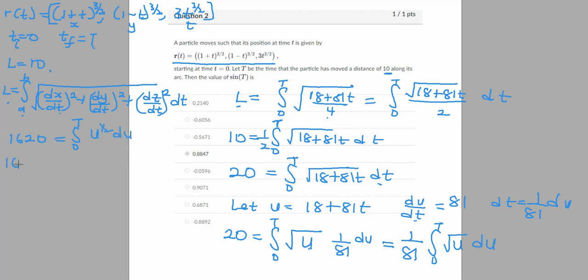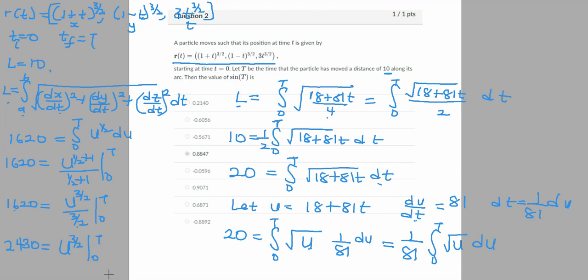So I can now integrate this. That's 1620L equals u raised to 1 over 2 plus 1, divided by 1 over 2 plus 1, from 0 to t. So that's 1620L equals u raised to power 3 over 2 divided by 3 over 2 from 0 to t. I can bring this 3 over 2 here: 1620 times 3 over 2 is going to give us 2430L equals u to the 3 over 2 from 0 to t.